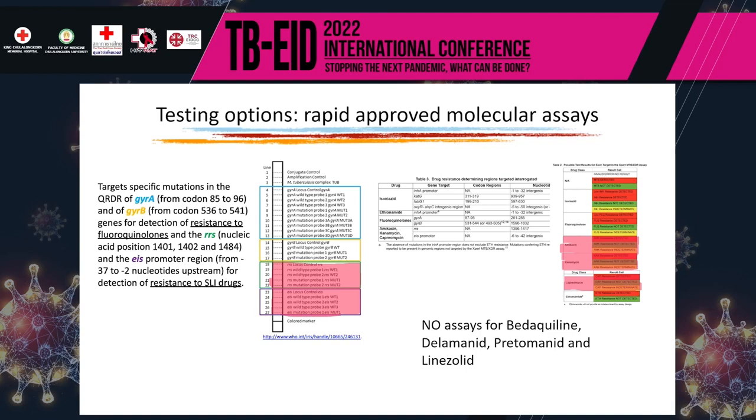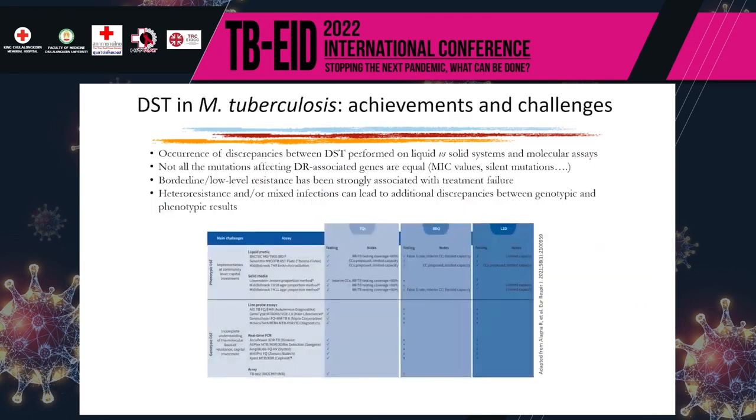One thing that needs to be noted is that, while we will see later that for bedaquiline, delamanid, and Pretomanid the situation is pretty complicated, with several genes and several mutations across all genes that are responsible or could be associated with resistance, for linezolid we only have a couple of genes and a quite well-determined hotspot. So in theory, at least on the Xpert or on the LPA, this determinant could be included.